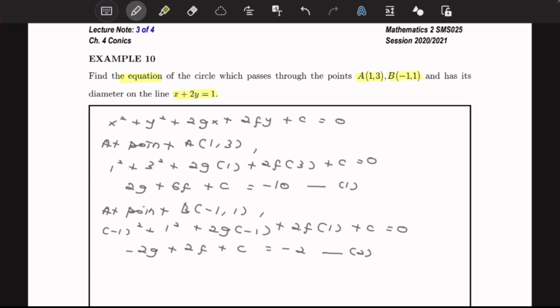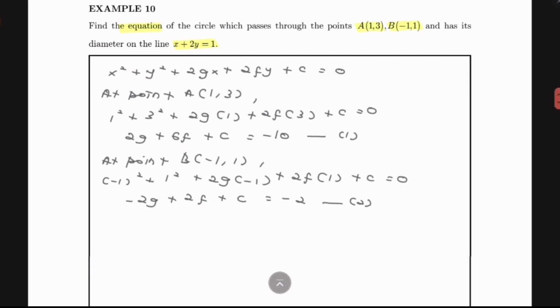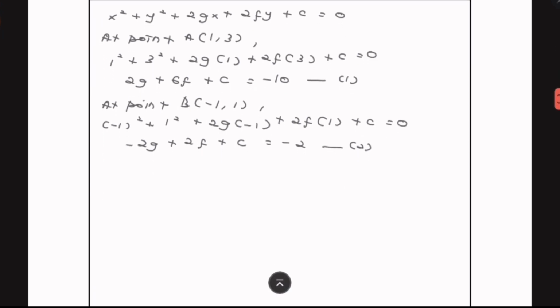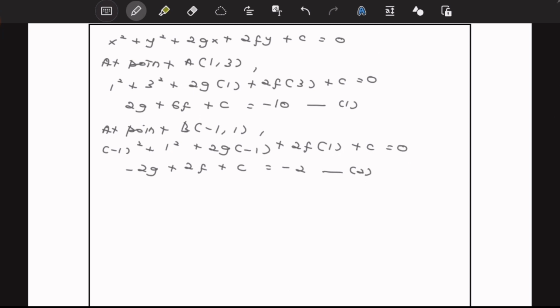So we have 3 unknowns, means we need another equation. Our third equation will be from the center. We let it be (-g, -f), which lies on the line x plus 2y equals to 1.